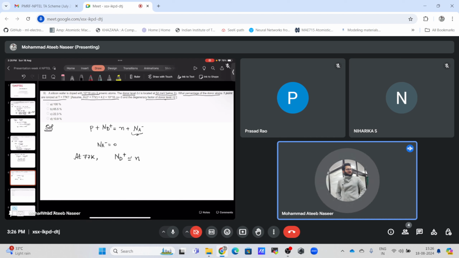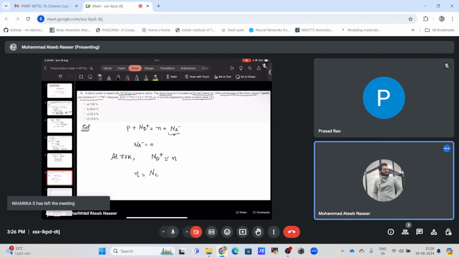We can also say that this n, the electron concentration, in terms of the effective density of states, is simply given by Nc exponential of EF minus EC by KT. This is the concentration of the electrons.